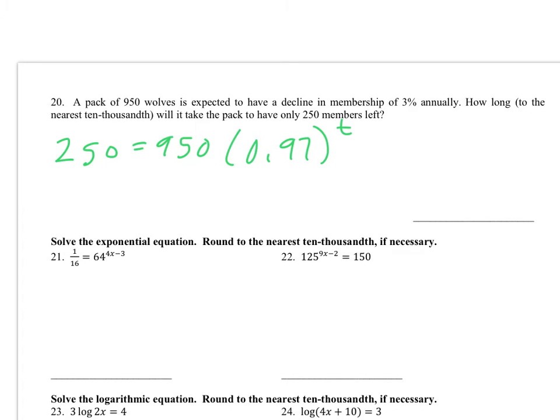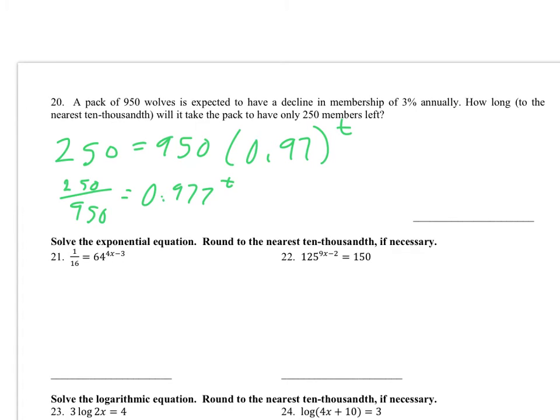So really it's an exponential equation. So we're going to have to end up using logarithms to solve it. But before we can do that, we have to isolate the power. So we divide both sides by 950. Now, 250 over 950 is what we get there, 0.97 to the t power.